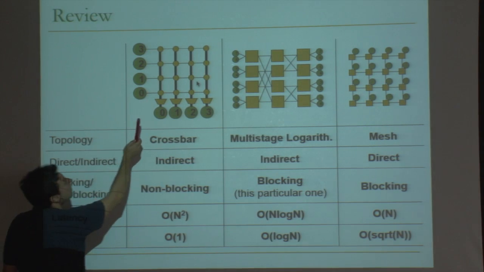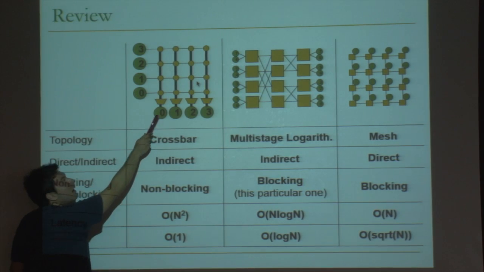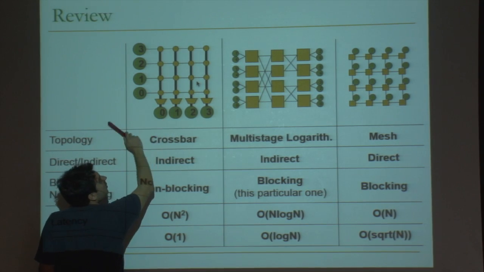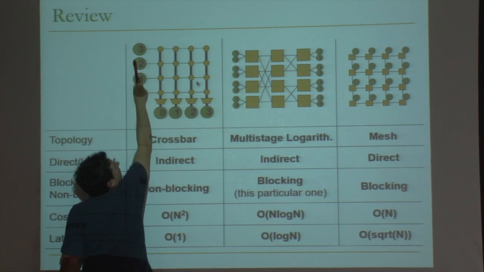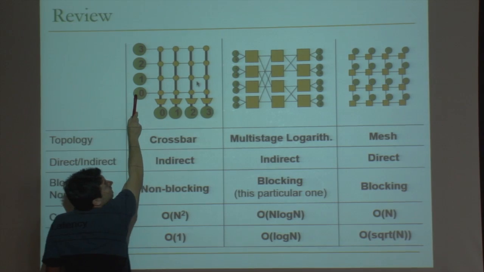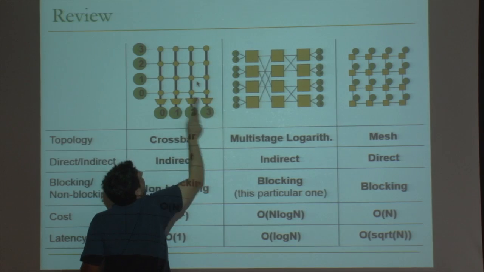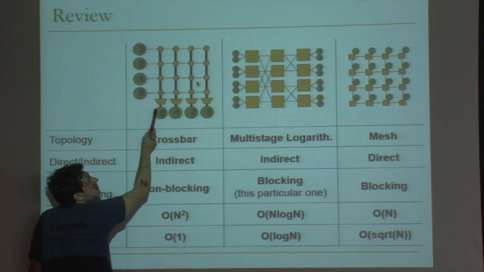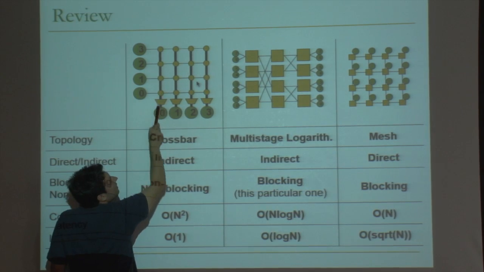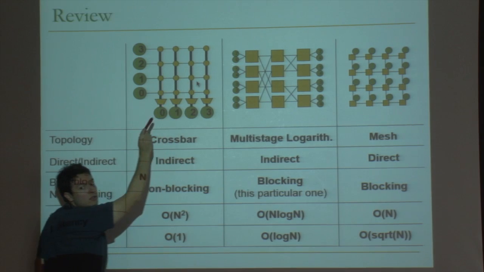So in this example, any permutation you give me, I can route through this crossbar. So let's say I had 0 talking to 1, 1 to 2, 2 to 3, and 3 to 0. So 0 could go like this, 1 like this, 2 like this, and then 3 could go through this vertical link. And there wouldn't be any conflicts because you have n squared connections, and you just pick n of those that you want to turn on.